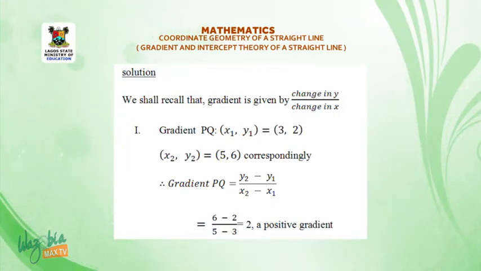Coordinate x2, y2 is equal to coordinate 5, 6 correspondingly. Therefore, gradient of PQ is equal to y2 minus y1 all over x2 minus x1, which is equal to 6 minus 2 all over 5 minus 3, which is equal to 2, a positive gradient.